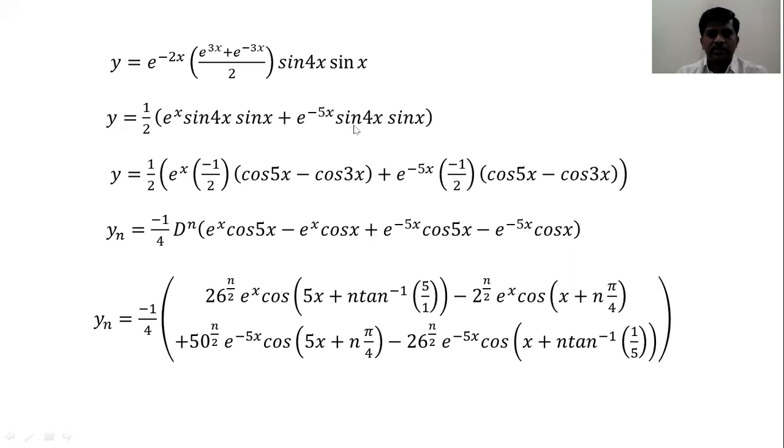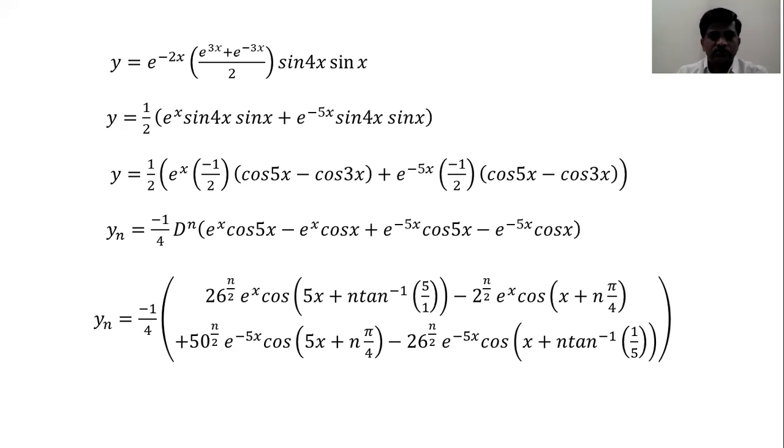Now again this sin 4x into sin x is in the form of sin a into sin b. Again we have to apply the formula: sin a into sin b is minus 1 by 2 into (cos of a plus b minus cos of a minus b).